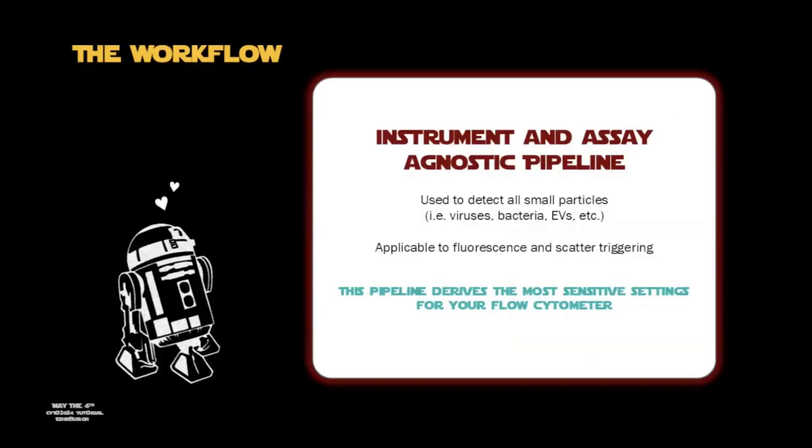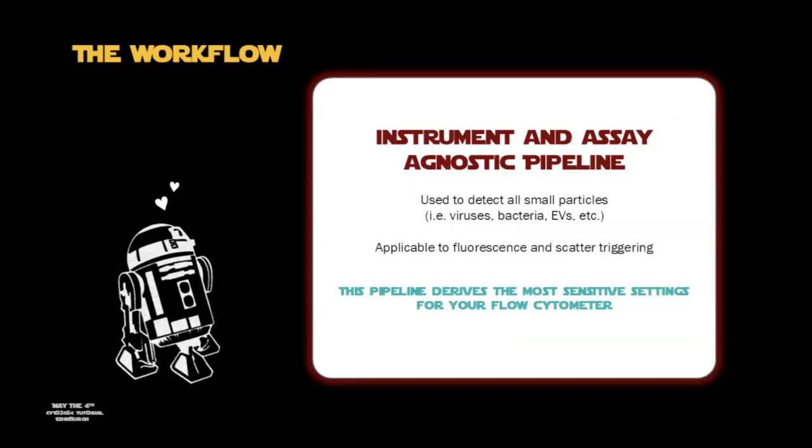So it means that it should work with all of your standard flow cytometers in your flow lab. It is, as I was saying, used to detect all small particles, not just EVs. So viruses, very small bacteria, bacteria-derived particles, and EVs. And it is applicable to both fluorescence and scatter triggering methods.